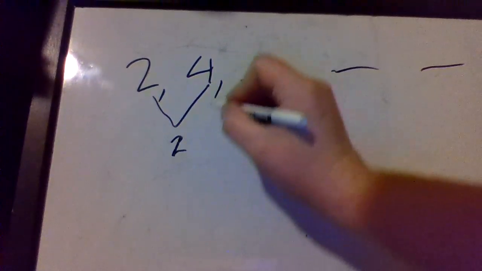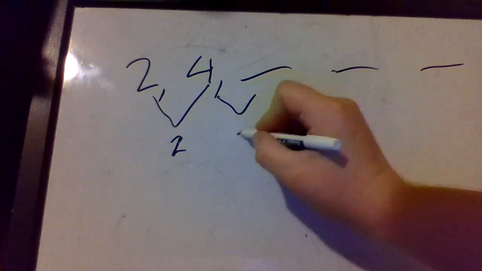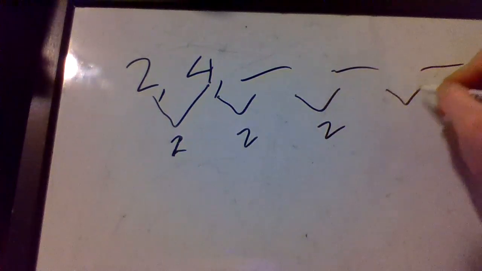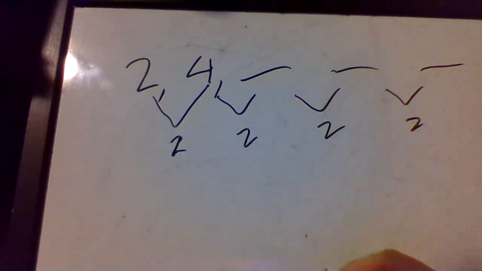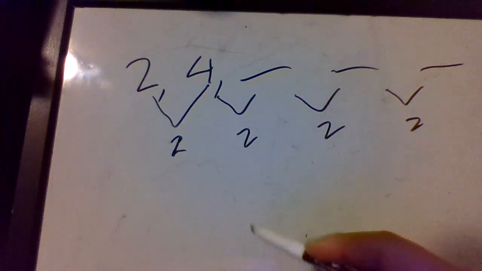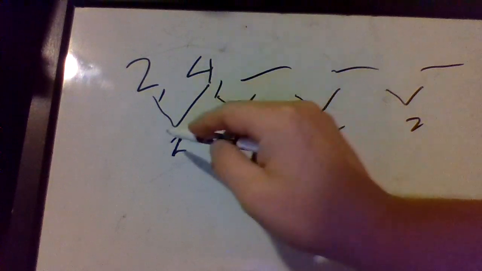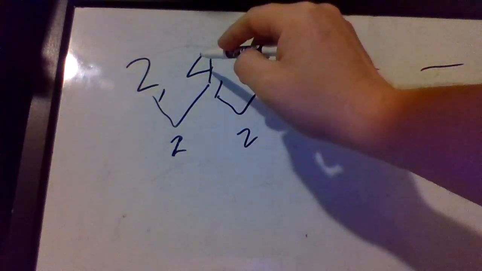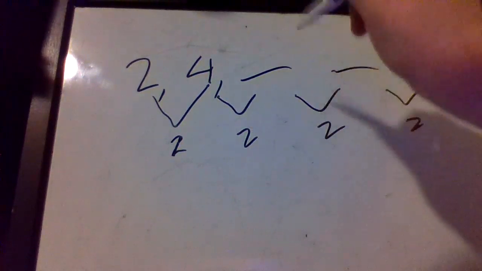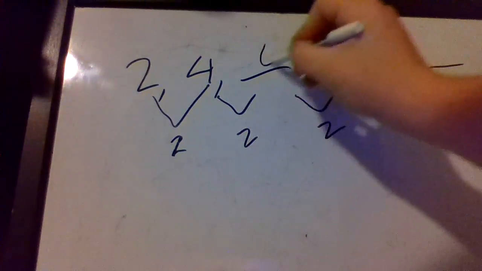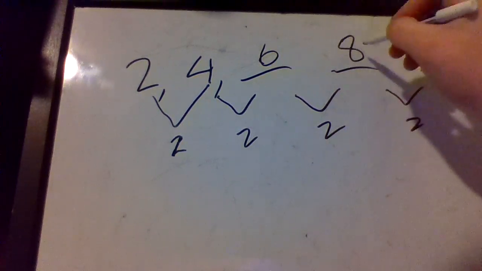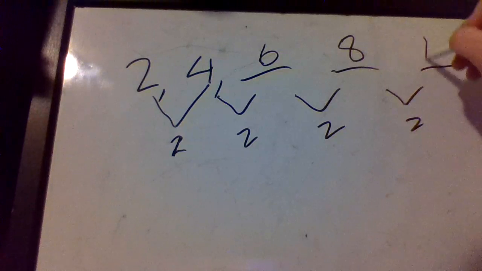So we know our sequence is going up by 2. Conversely, we did 4 minus 2 equals 2, so we can do 2 plus 2 equals 4, 4 plus 2 equals 6, 6 plus 2 equals 8, and 8 plus 2 equals 10.